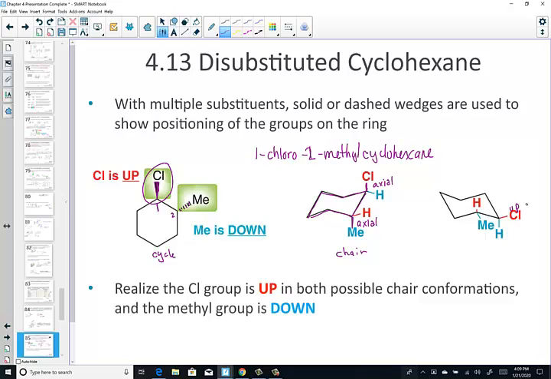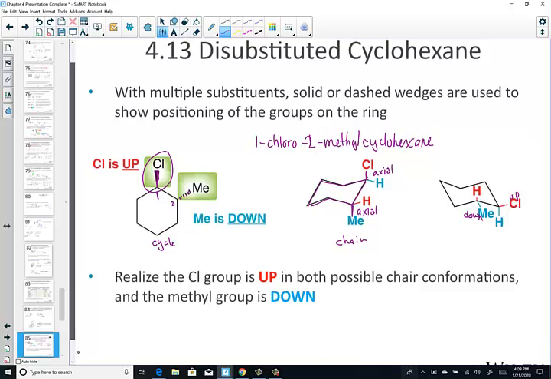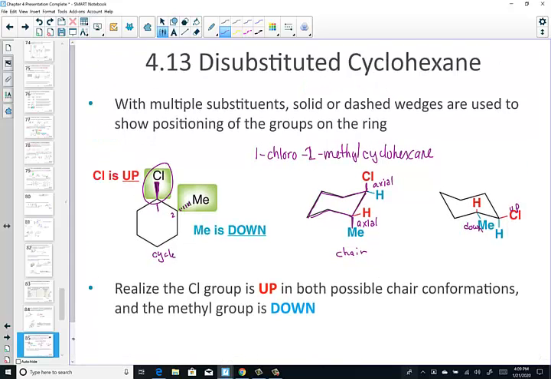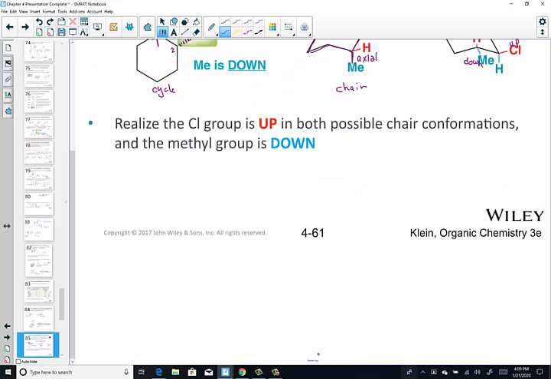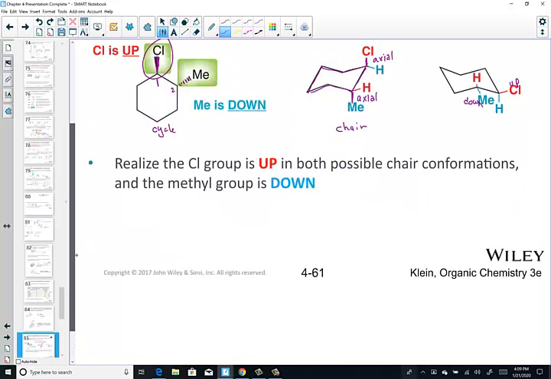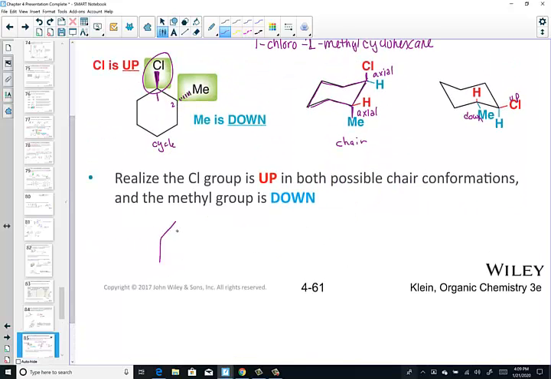The chlorine has to be up and the methyl group has to be down. So emphasize what that means to you. If you start to think about drawing, what would it have done if both of these were dashes? So think about what that does to the structure.